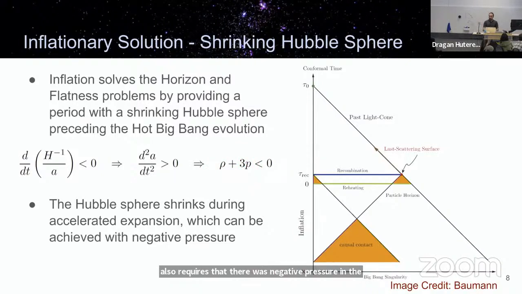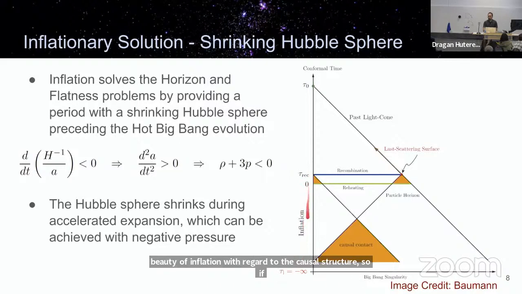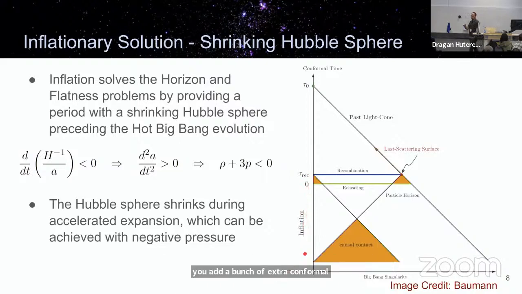Now, the advantage of this arrangement is that, unlike the initial conformal diagram we saw, a period of a shrinking Hubble sphere allows there to be much more conformal time prior to recombination. And that's the beauty of inflation with regard to the causal structure. So if you add a bunch of extra conformal time prior to the thermal state, prior to the thermal hot Big Bang, you can see just from the causal structure of this space-time that you indeed solve the horizon problem.